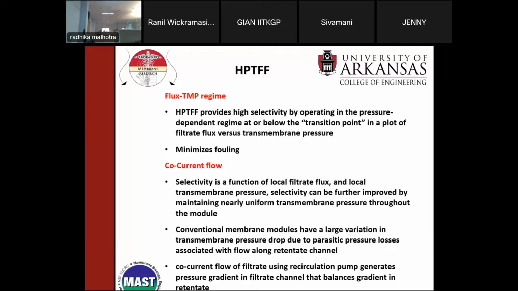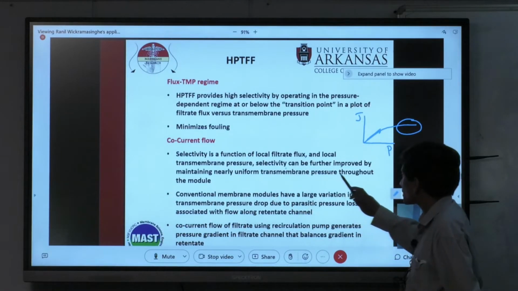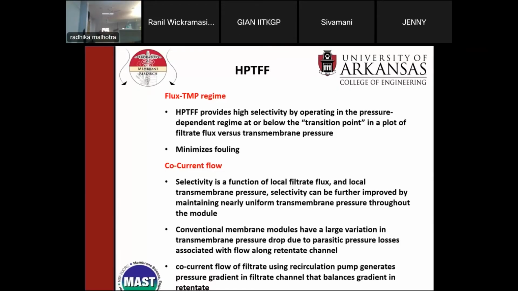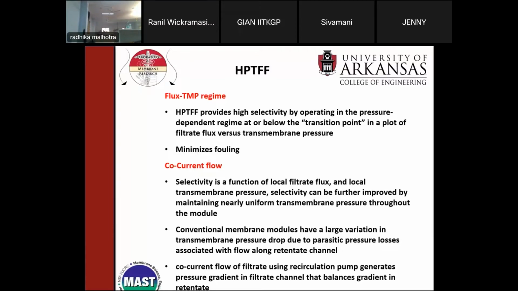Selectivity is a function of local filtrate flux and local transmembrane pressure. Selectivity can be further improved by maintaining nearly uniform transmembrane pressure throughout the module. Conventional membrane modules have large variation in transmembrane pressure drop due to parasitic pressure losses. That's the pressure loss as you go through with flow along the retentate channel. Co-current flow of filtrate using a recirculation pump generates a pressure gradient in the filtrate channel that balances the gradient in the retentate channel. That's what you're trying to do.